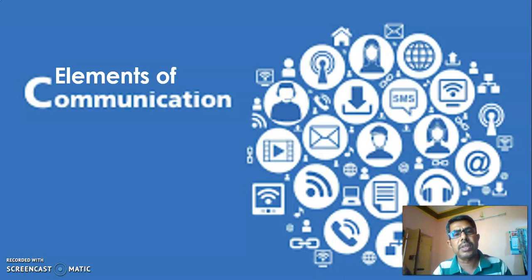As we discussed in the previous classes, these are the most important elements for any communication. In theory classes and practical classes, we asked you to do an exercise: please list out the elements involved in the communication process. You may remember that. The most important elements in any communication process: the first is the center.